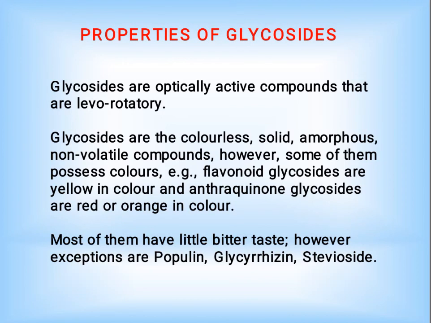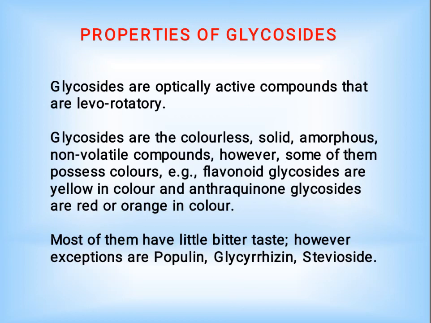Now we will proceed ahead with properties of glycosides. Glycosides are optically active compounds that are levorotatory. Glycosides are colorless in nature. They are solid, amorphous, non-volatile compounds, but some of them possess colors. For example, flavonoid glycosides are yellow in color and anthraquinone glycosides are red to orange in color.